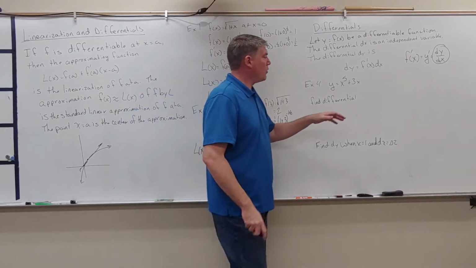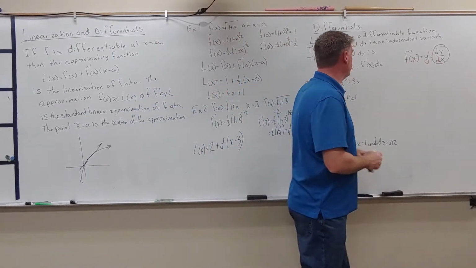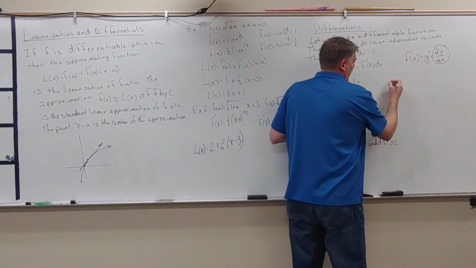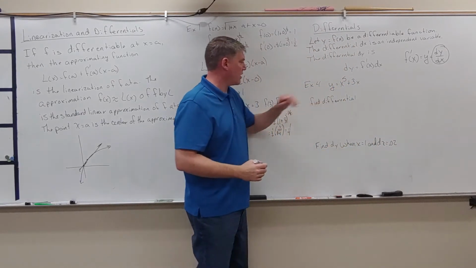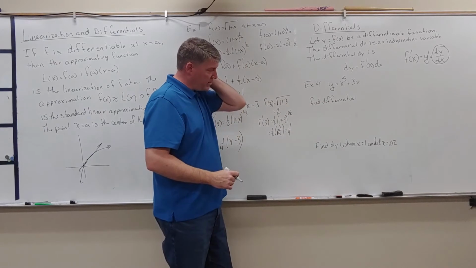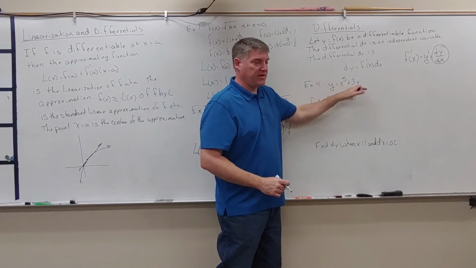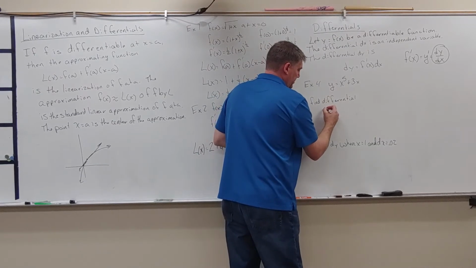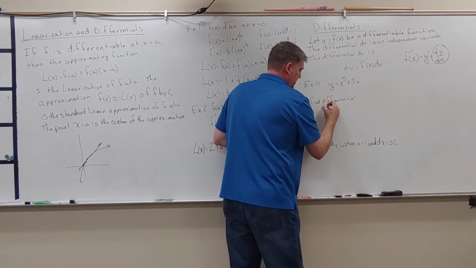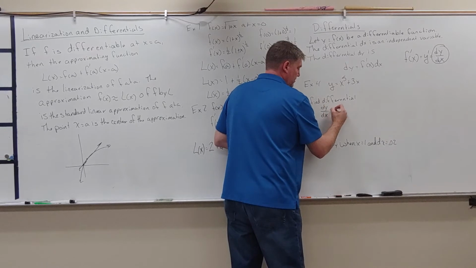Okay? So our example here is y equals x to the fifth plus 3x. And what I'm going to do is take the derivative of this. Well, this becomes dy dx, right?